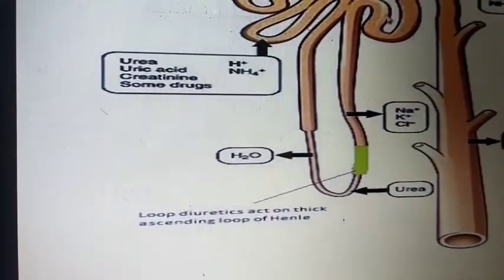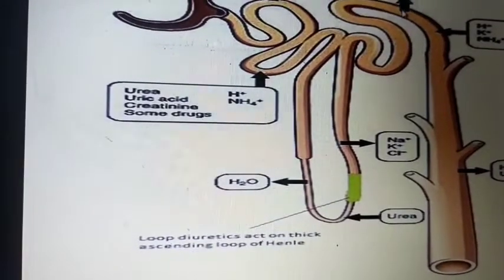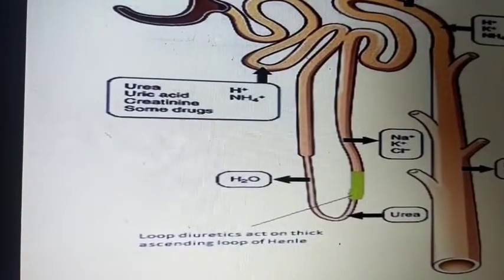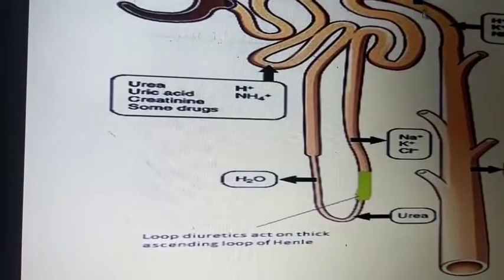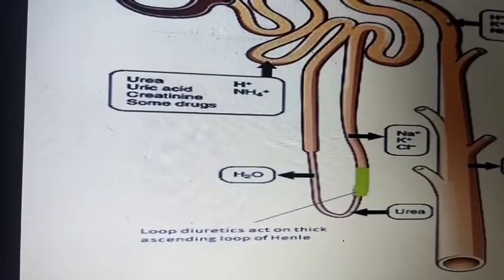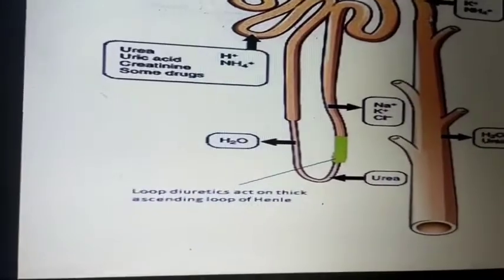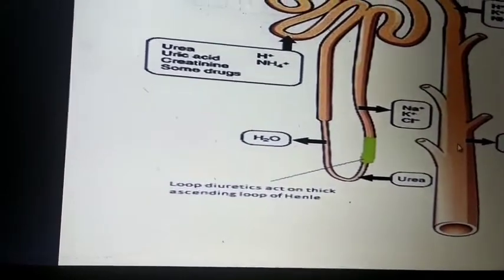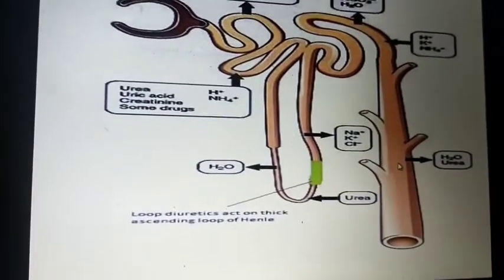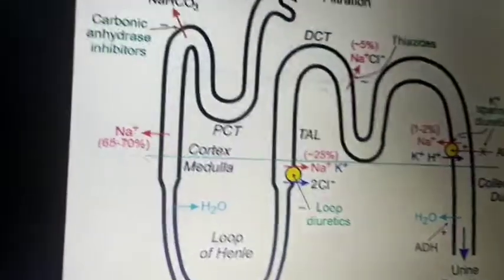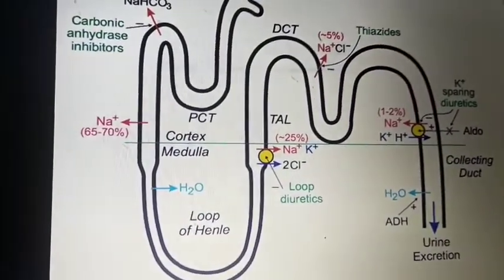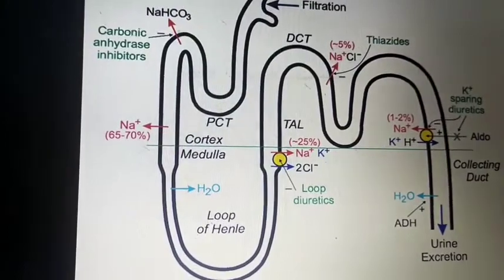And in the distal convoluted tubules there is reabsorption of sodium, chloride, water and ions. In the distal tubule there is secretion of potassium, anions and ammonia, and reabsorption of water and urea in the collecting tubules.